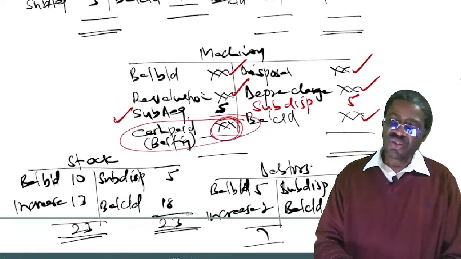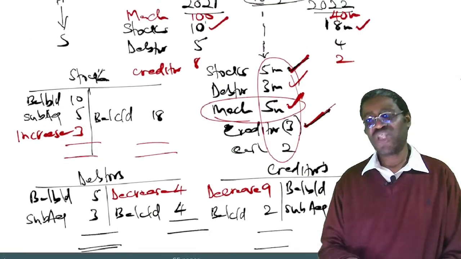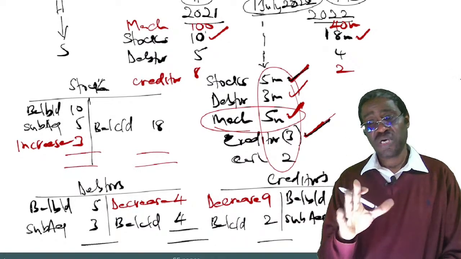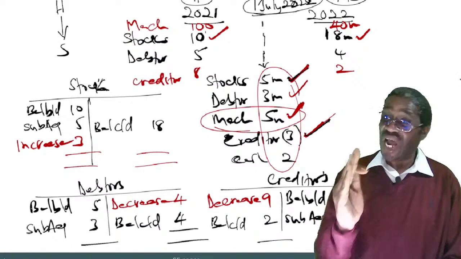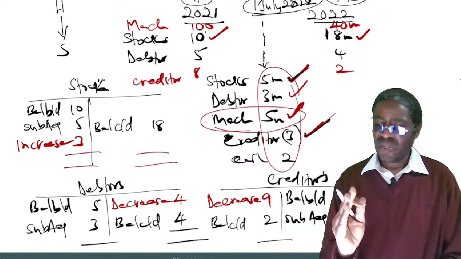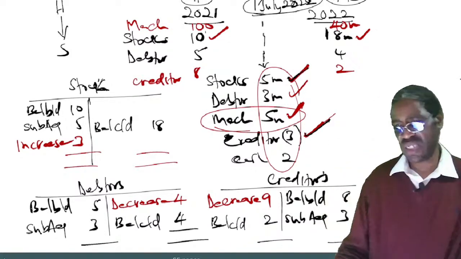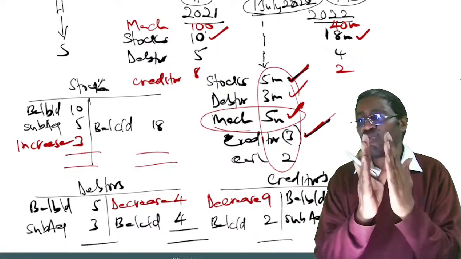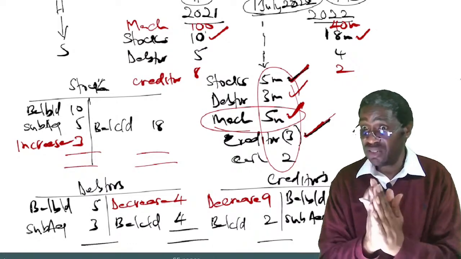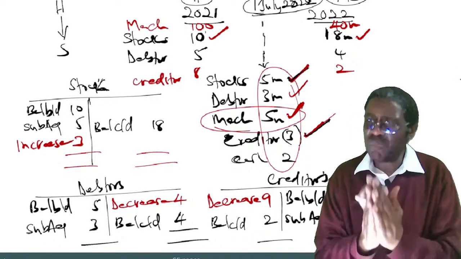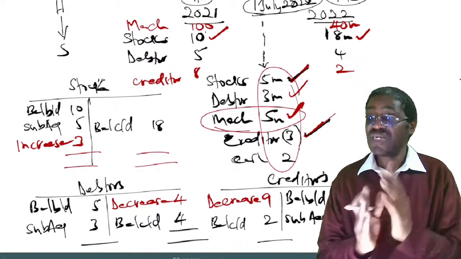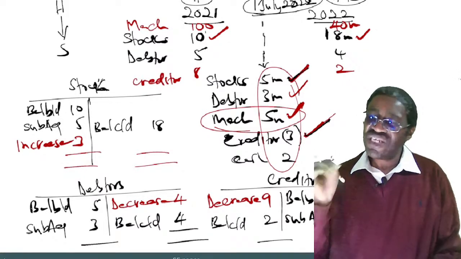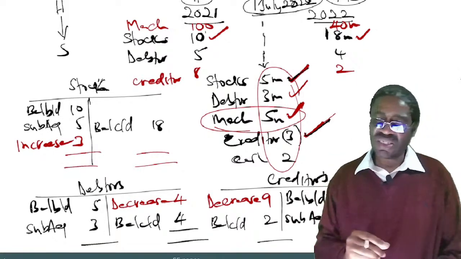I hope you have understood how to deal with the net assets of the subsidiary company at the date of acquisition or at the date of disposal. If it is a question of acquisition, then any assets of the subsidiary company at the date of acquisition should be debited in the respective asset account.